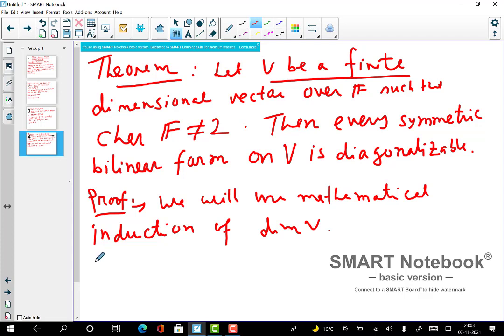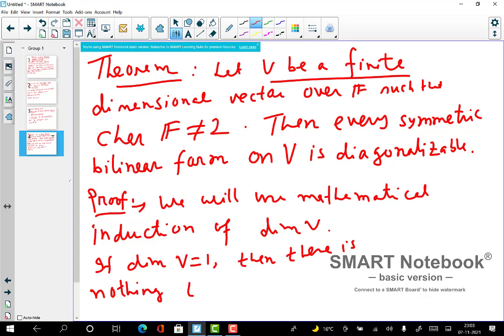And obviously if this is 1, then this is obvious, and there is nothing to prove. It's obvious because the matrix will be a single entry, which is diagonal, right? Nothing to prove.